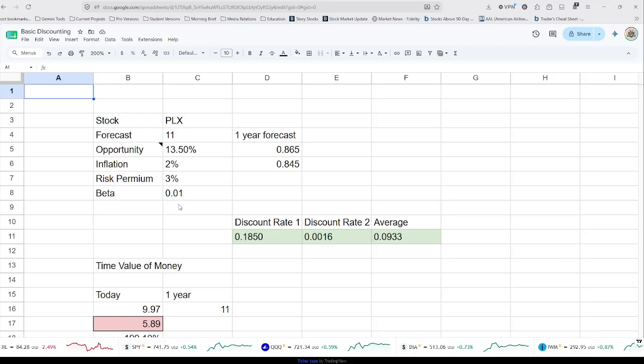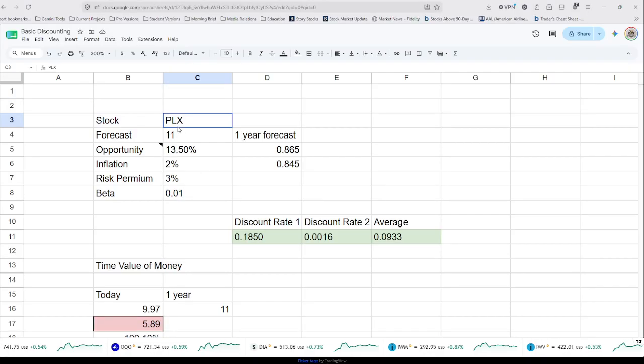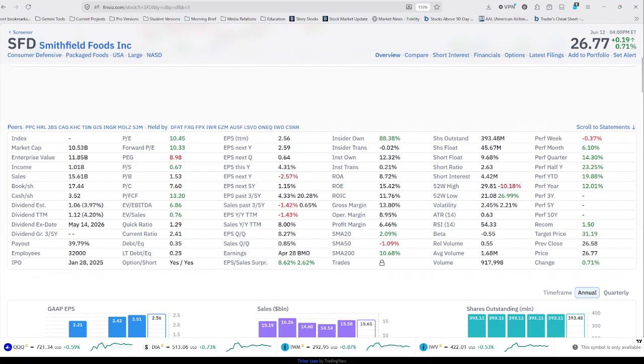So for those that don't know how to set up a discount rate, like how much am I supposed to discount a stock by? Keep it really simple. You would say, well, what am I missing out on? Is that SFD? SFD.